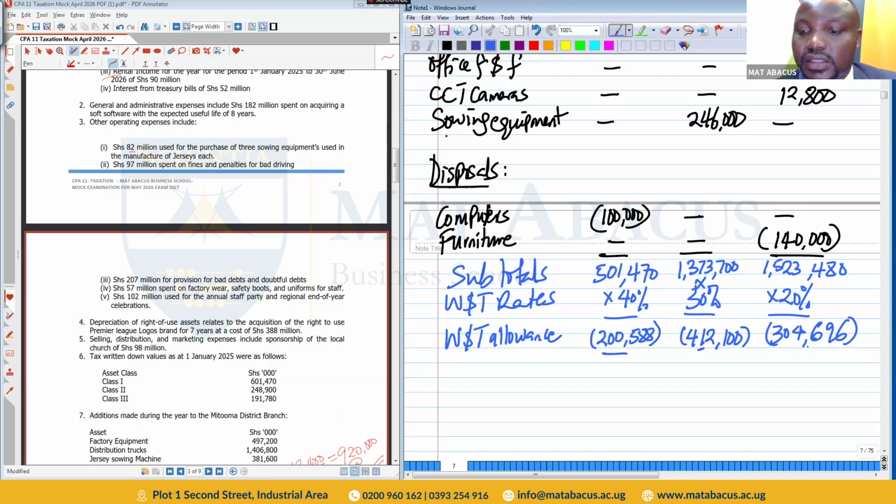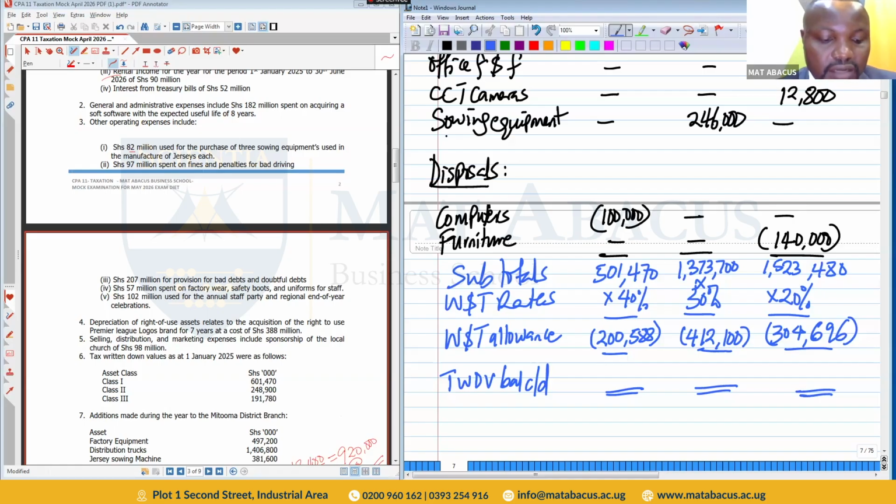And when I get the subtotals and remove the wear and tear, I get what we call the tax written down value, balance carried down. Now this is the balance that I will take into the next year. The next year, which is starting on 1st January 2026, will be my opening balances.